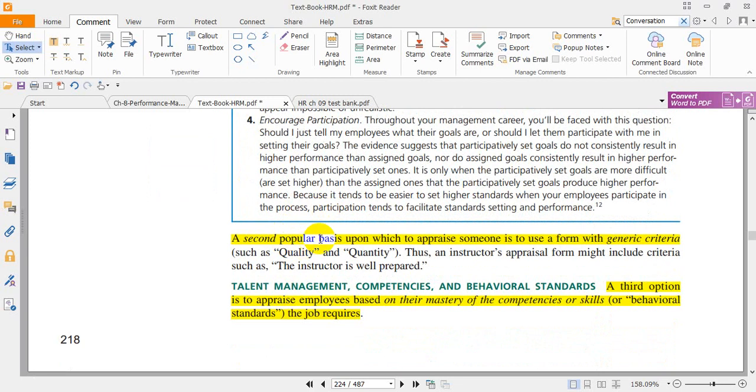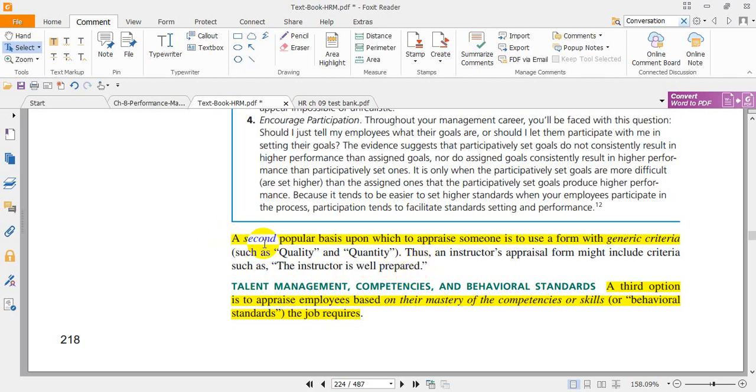A second popular basis upon which to appraise someone is to use a form with generic criteria such as quality and quantity. These are the standard form. Thus, an instructor's appraisal form might include criteria such as the instructor is well prepared.